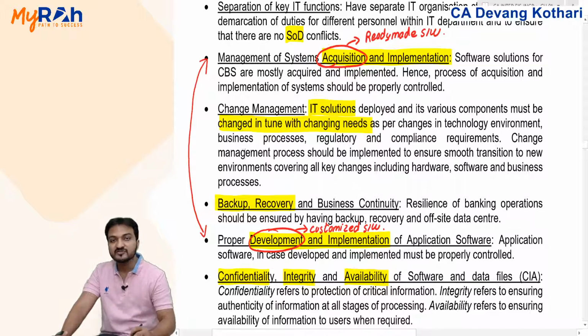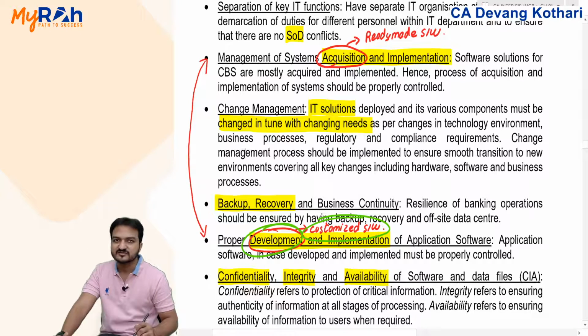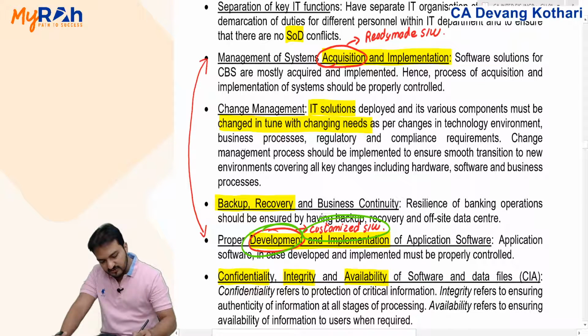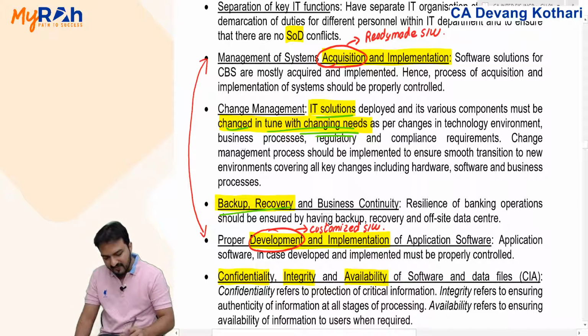Acquisition means you acquire ready-made software, plus controls over development and implementation should also be there. Development means to create customized software. Change management: whenever there are changes in your software, you need to manage the change. IT solutions need to be changed in tune with the changing needs of the technology. Backup and recovery is also a general control.